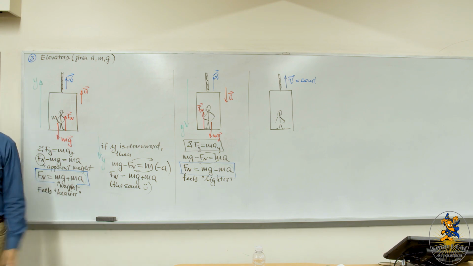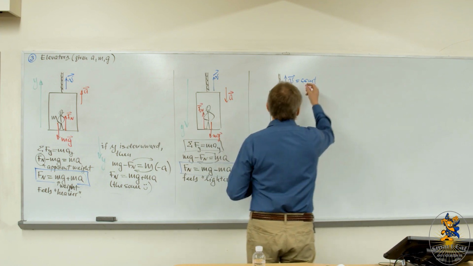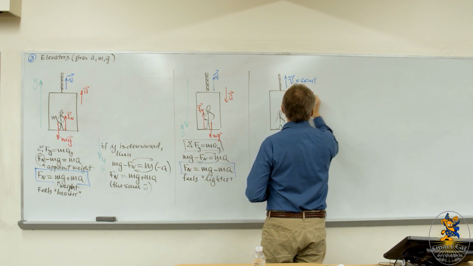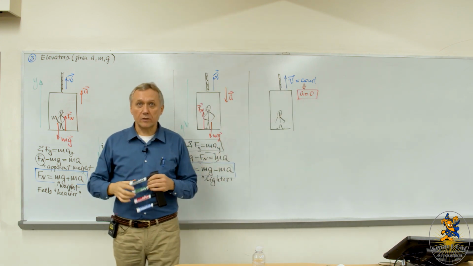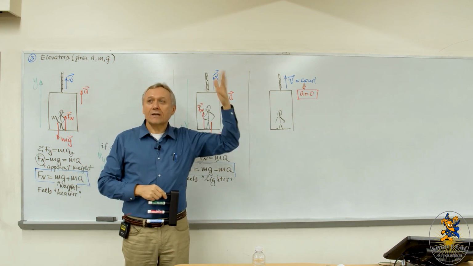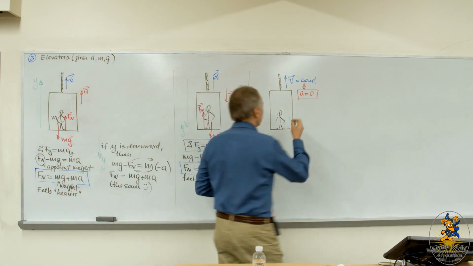Of course, you don't feel anything. So in this case, acceleration equals 0, and the discussion is much, much easier. So be careful. If velocity is given, we need to know information about acceleration. If acceleration is 0, then of course it's easier.